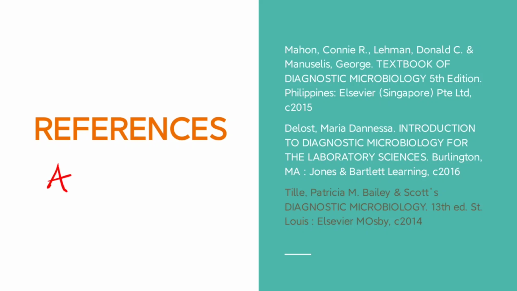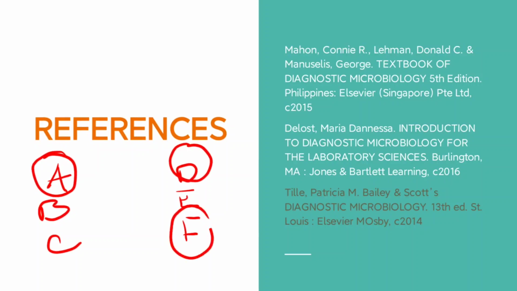Now, for sections A, wait lang, sulat lang na natin lahat. A, B, C, D. Okay, so for sections A, D, and F, so basically lahat ng hawak ko, kayo ay magkakaroon ng terminal quiz next week. Okay, so sections kay Sir Renz, A, D, and F, you will have terminal quiz next week. Anong topic? So, ang topic would be mycosis hanggang dito.